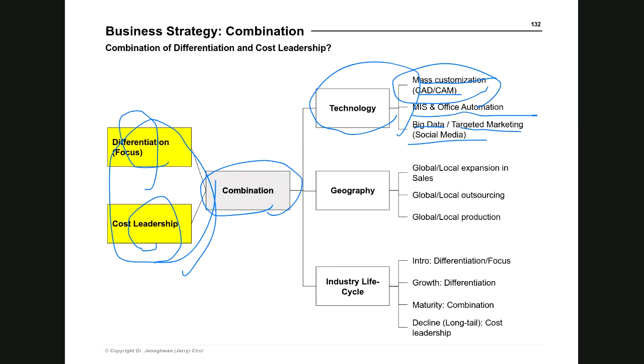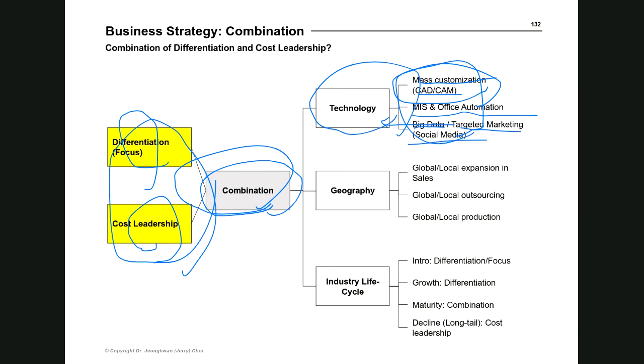That's the reason why we are concerned more about business data analytics recently, in order to maximize the competitive advantage. Is it possible? We are making it. Got it? Technology helps us to create and sustain the differentiation competitive advantage and the cost leadership competitive advantage at the same time.